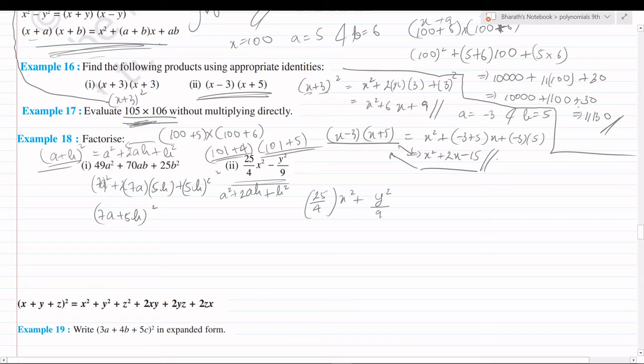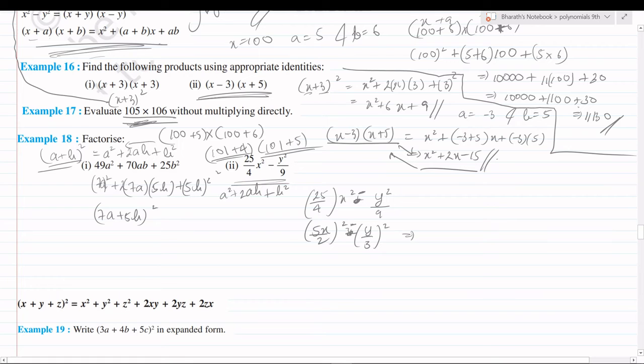So this square, we all know 5 square is 25 and 2 square is 4. So we'll write 5x by 2 whole square plus y by 3 whole square. Sorry, this is not plus here, this is minus.